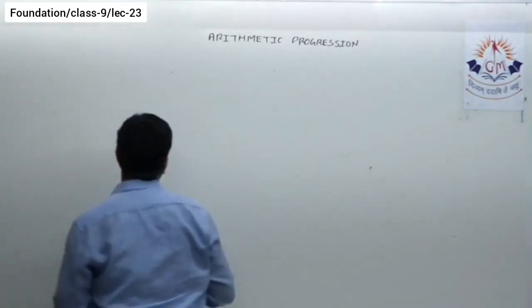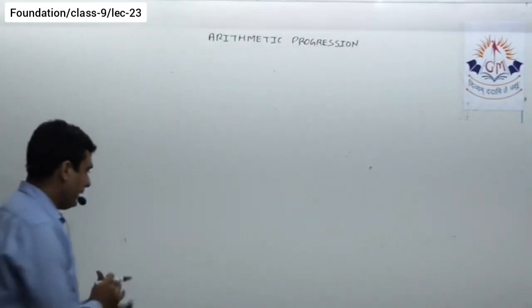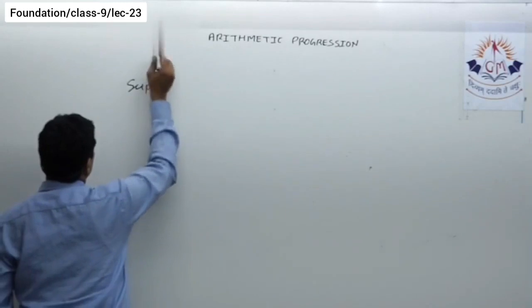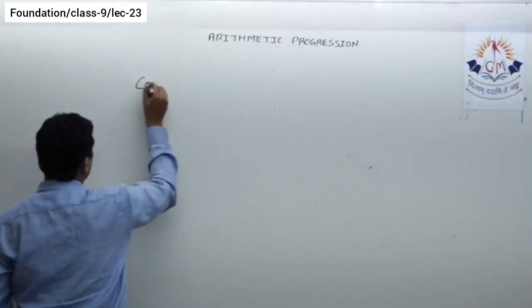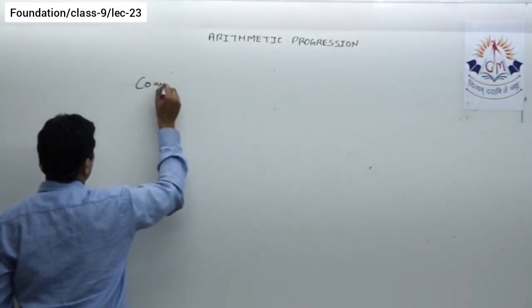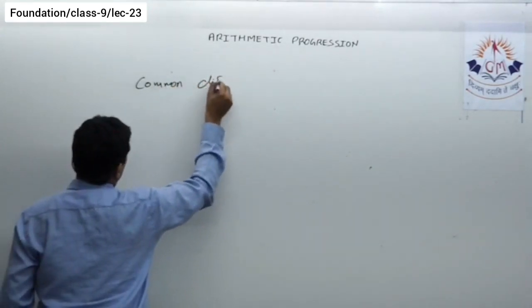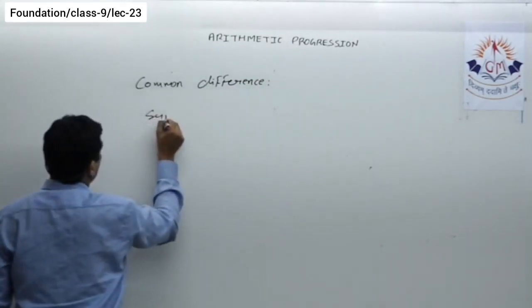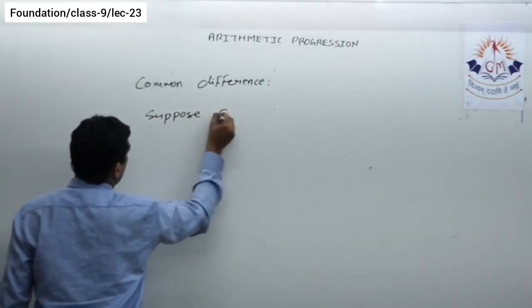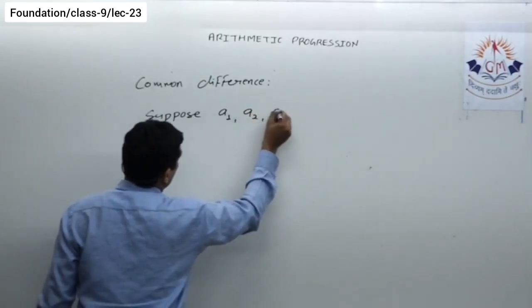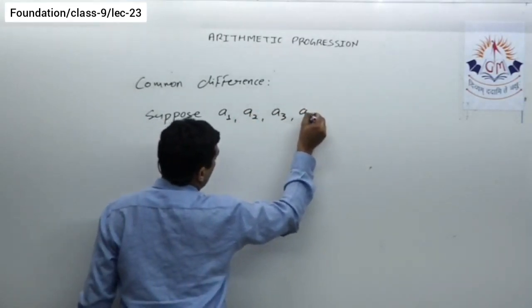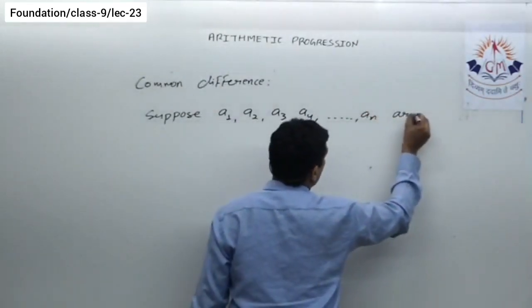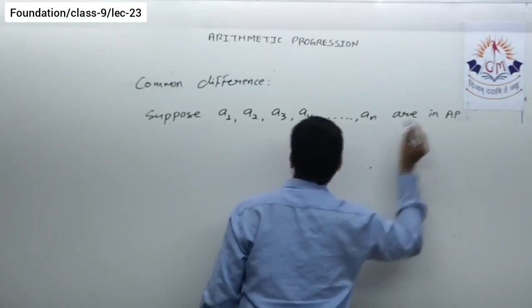Now we'll see the first concept, common difference. Suppose A1, A2, A3, A4 up to An are in AP.